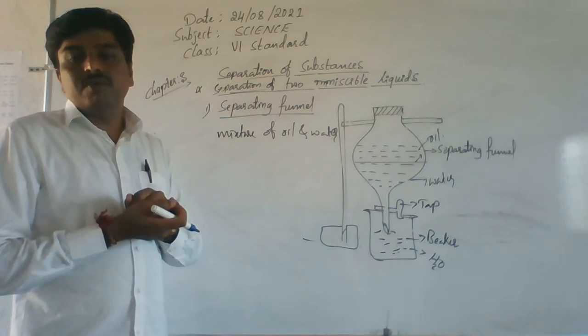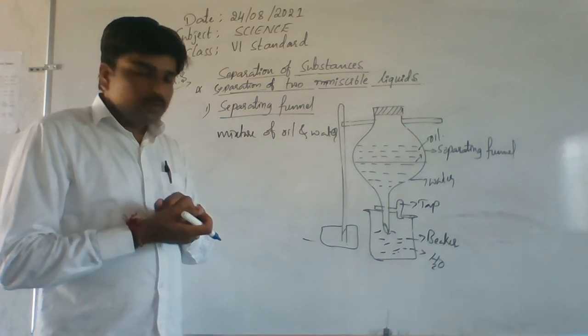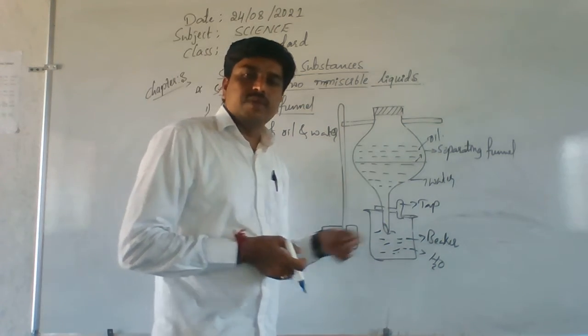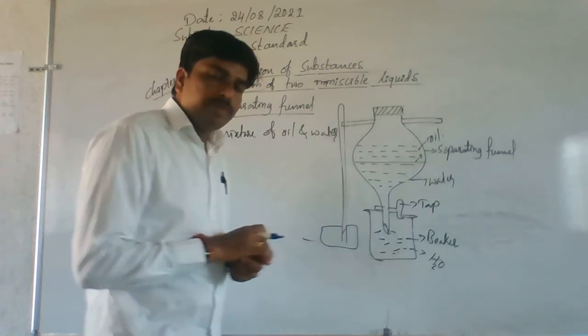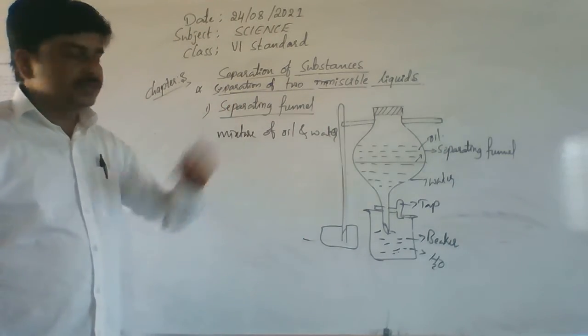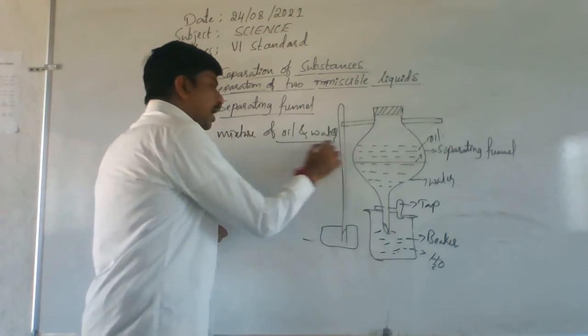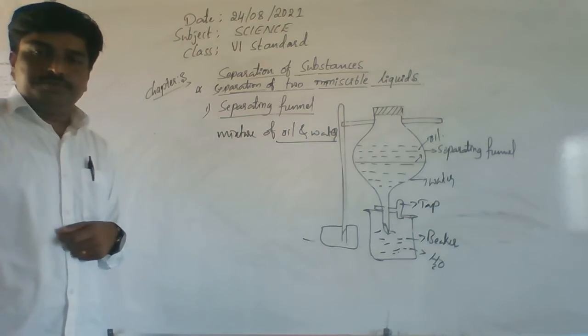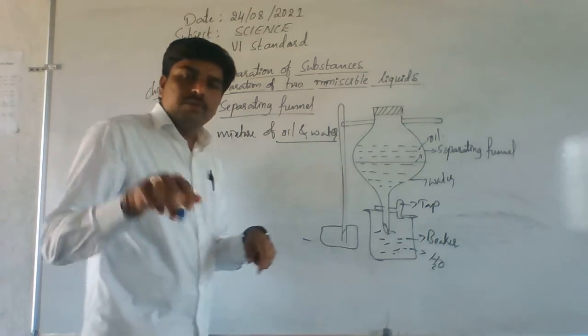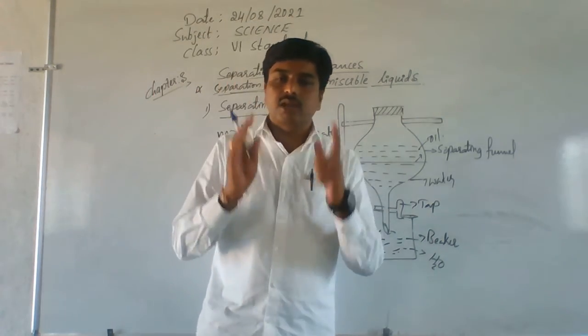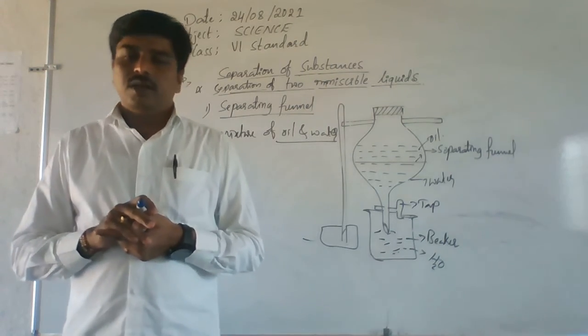Using this device, the separating funnel, we can easily separate two immiscible liquids, oil and water. Because oil and water cannot mix with each other, they are called immiscible liquids.